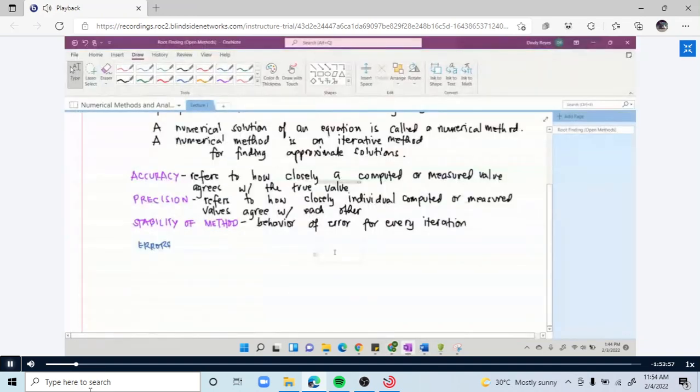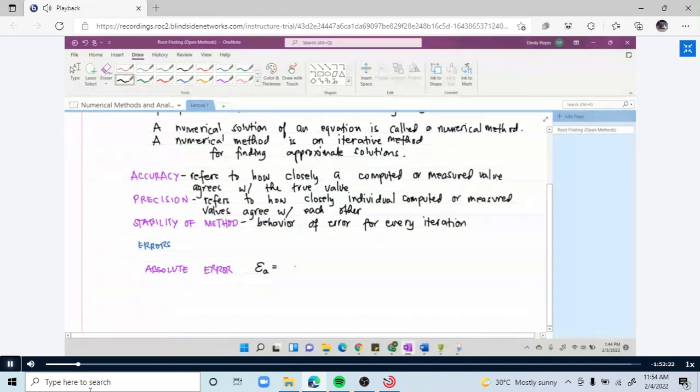Okay. Sorry about that. All right. So we'll have absolute error. One is absolute error, which we can denote by epsilon sub a for absolute.